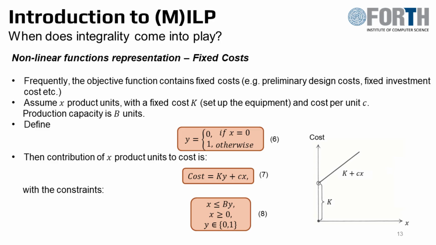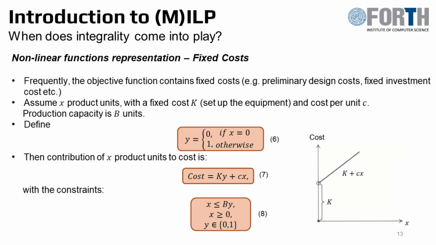Note that the constraints themselves do not imply that y equals 0 if x equals 0. However, when x equals 0, the minimization will clearly select y equals 0, so that the fixed cost is not incurred. Finally, if y equals 1, then the added constraint becomes x less than b, which reflects the capacity limit on the production equipment.